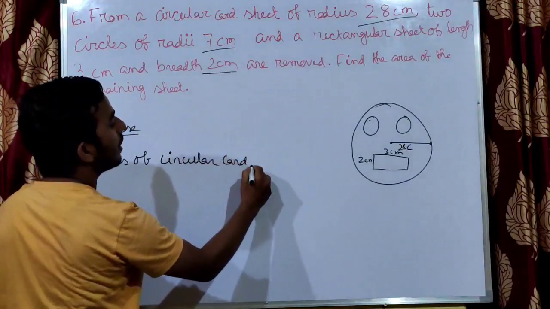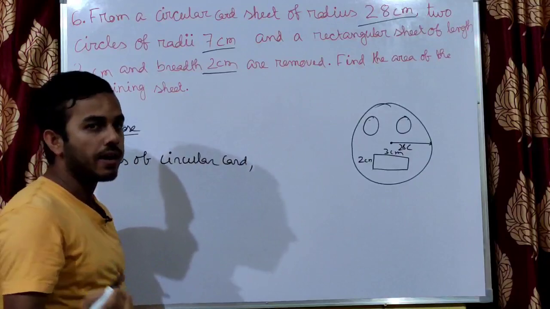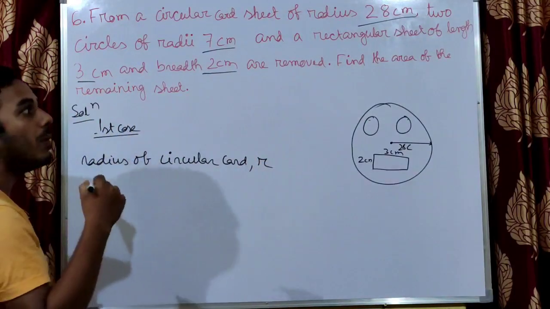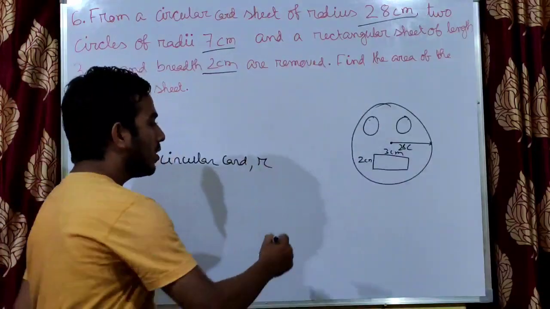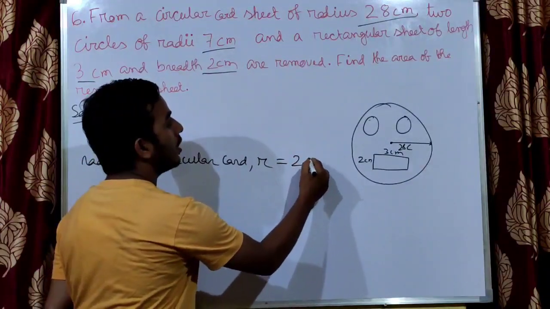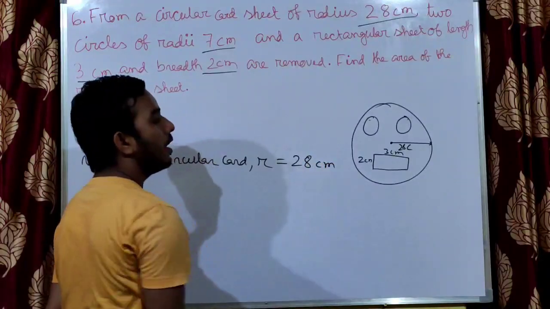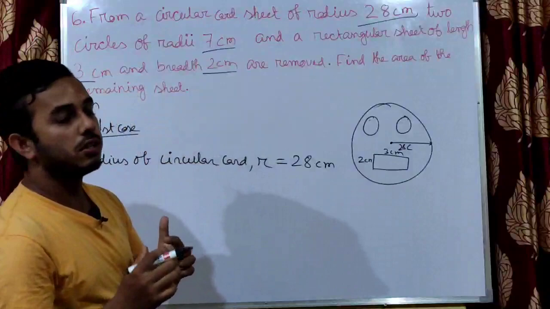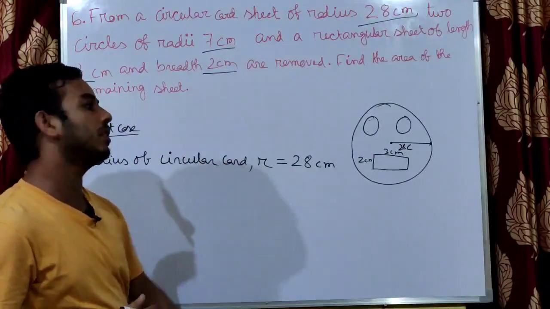We denote radius with r, right? So the radius of the circular card r is how much? It is 28. So I will write r equals 28 centimeter. Now what do we have to find? We have to find the area of the sheet, or the area of the circular card.